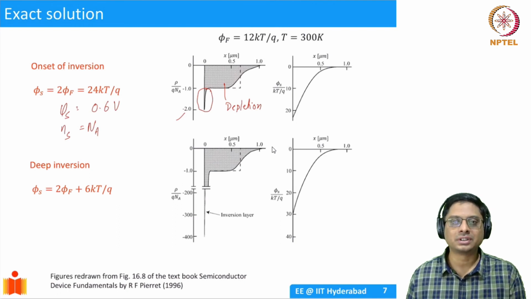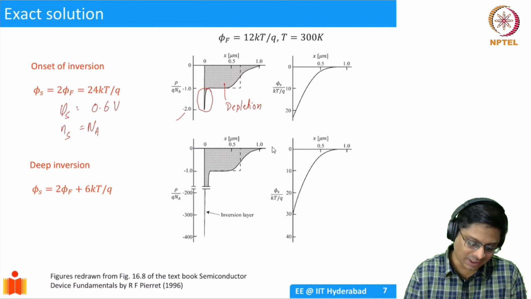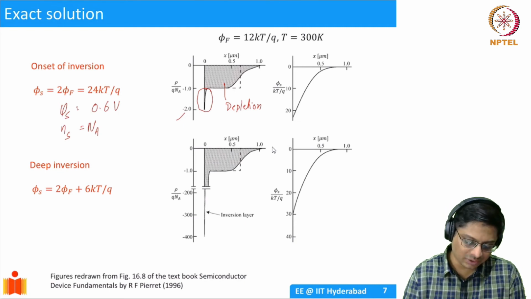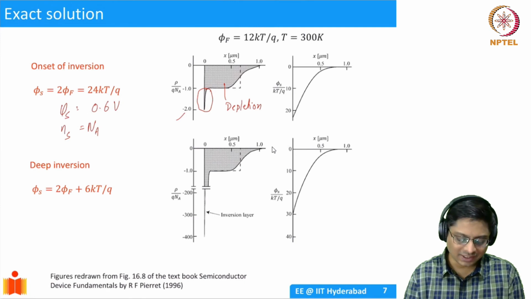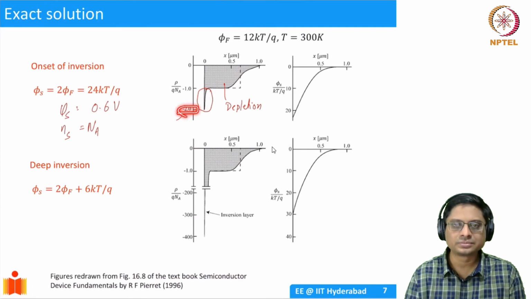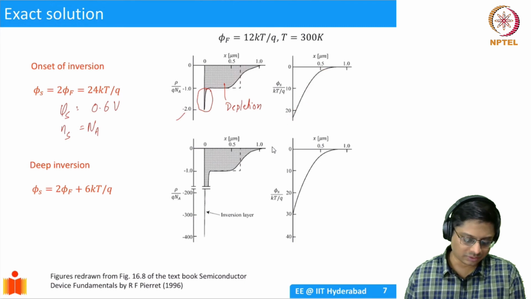That is the definition of threshold, correct? We have repeatedly told this. So we have Na contribution from the background, the space charge, and another Na contribution from the inversion charge. That's why exactly this peak is -2. Of course, here this thing is 24.